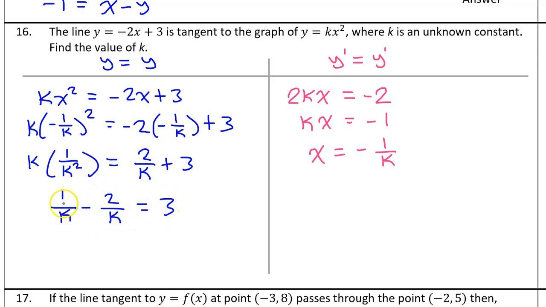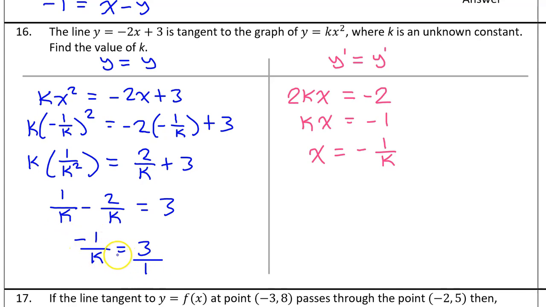So 1 over k minus 2 over k is equal to 3. We can easily combine fractions that have like denominators like this by just putting the numerators together. So 1 minus 2 is negative 1. So this is negative 1 over k is equal to 3. You could think of this as cross multiplying.